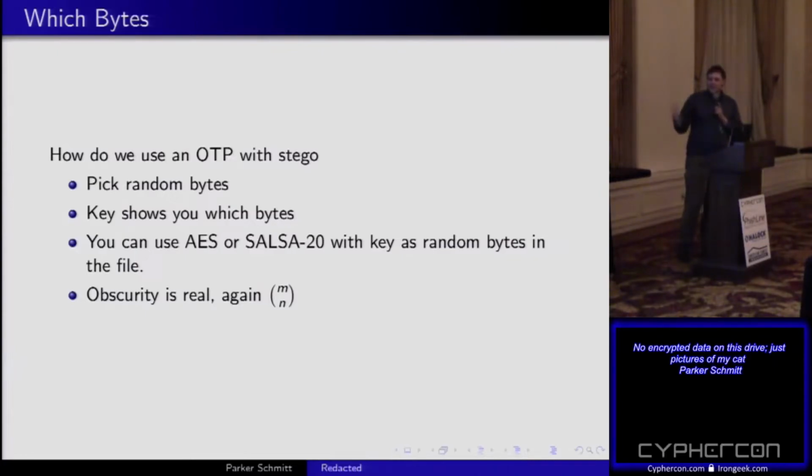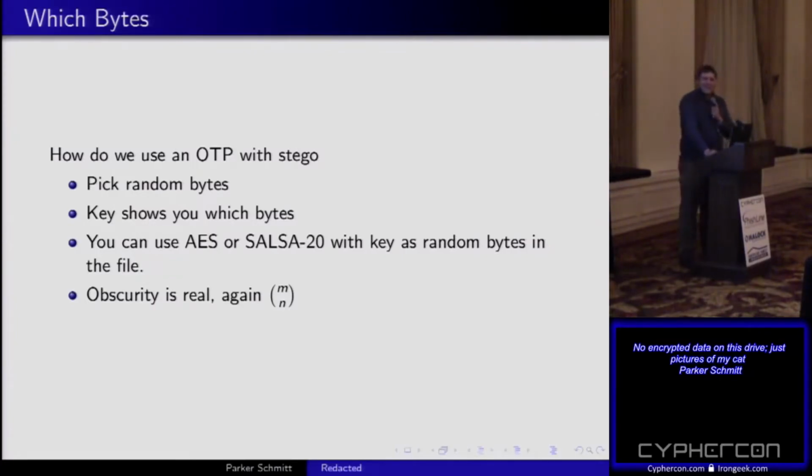If you have different bytes of the file, you can choose which bytes go to one plaintext and which bytes go to the other plaintext, which is similar to how TrueCrypt pulled this off. And so you can even encrypt it with AES or Salsa20.